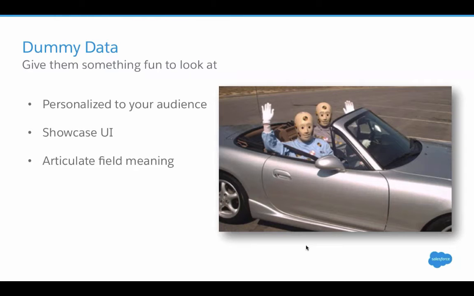It's not just a calendar, right? Or, oh, I can assign multiple people to an opportunity, right? So having some data in there that's meaningful to your audience, that helps it feel personalized and also can help answer questions before they arise, is a great way to flesh out your demo and to add more information to it.